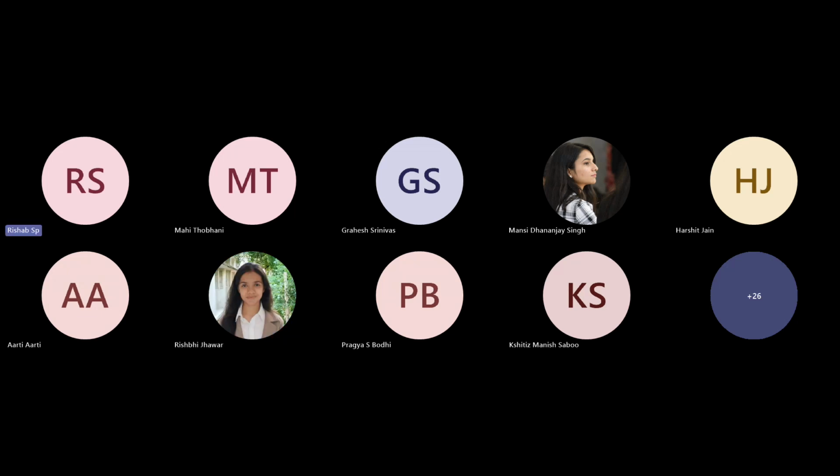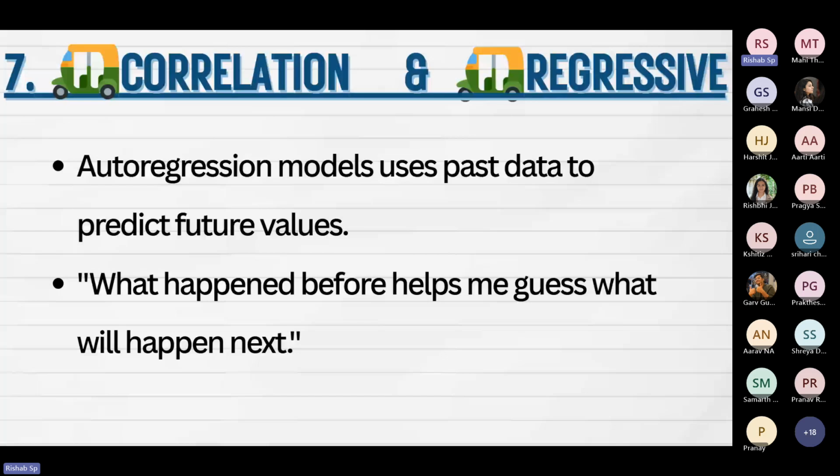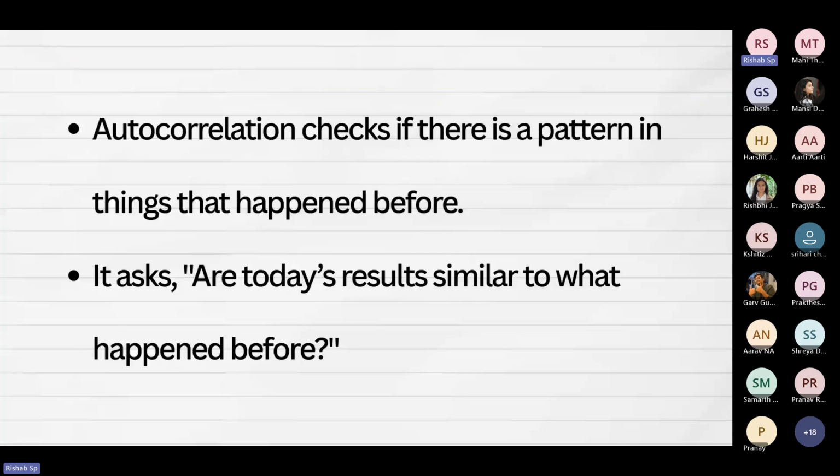Autoregression is basically using past data to find the future values. Simple: we have some past data and we use it to find the future values. Autocorrelation is more about checking for a pattern.